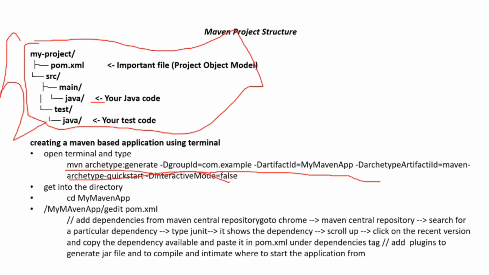You write the Java code in main, and here you test the code, which makes implementation of Java code easy. We run this using test code. You change the directory into the project, and in pom.xml you add all the dependencies.